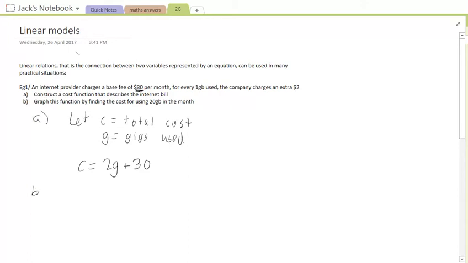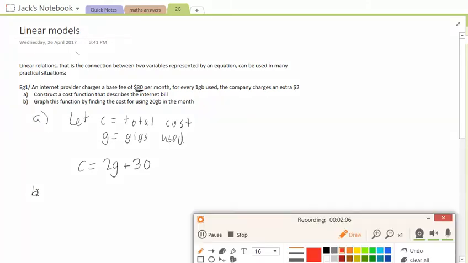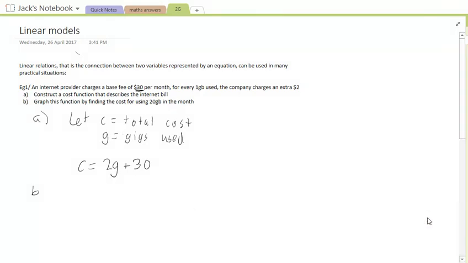Part B asks us to graph the function, so I'll bring up the drawing tool. This is where you should definitely be using a ruler. It's a bit hard on this computer, but I'll have a go. Graphing the function, y would be cost, and gigabytes would be the x-axis.